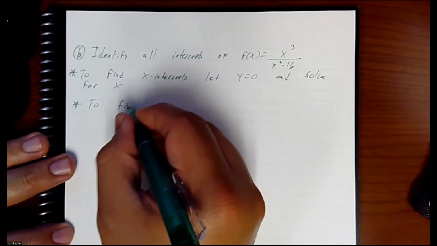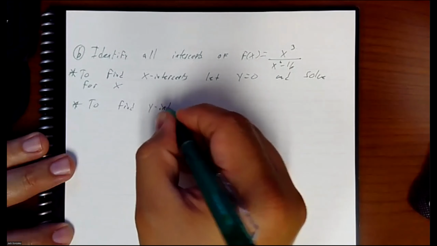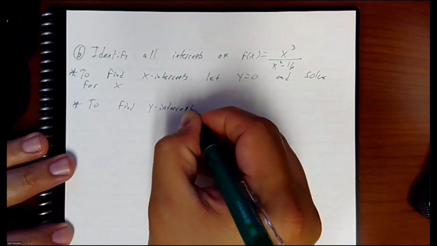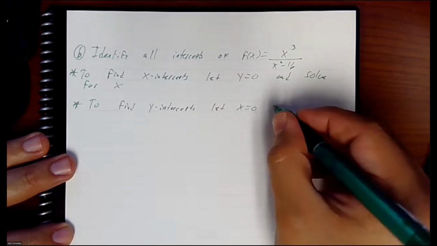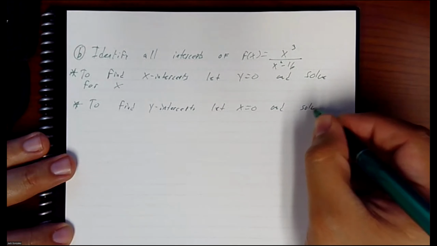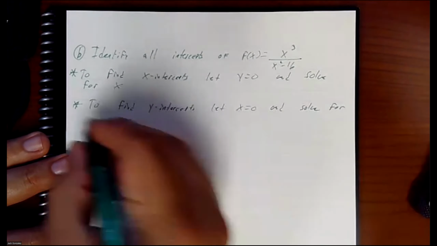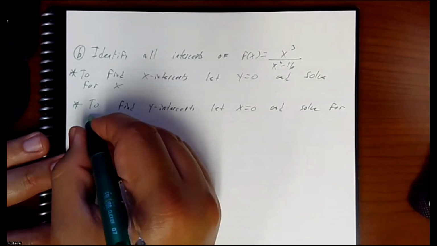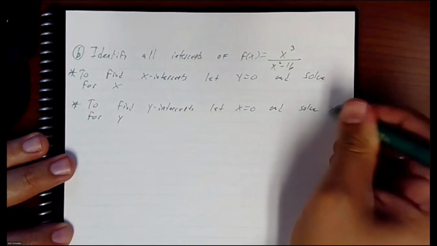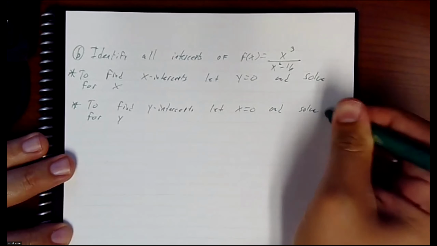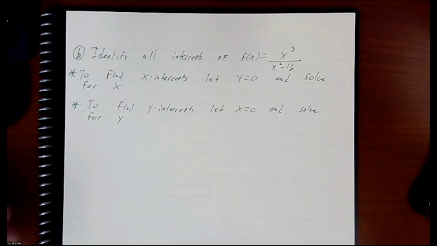To find y-intercept, let x equal 0 and solve for y. Of course, in this case, y is f of x.